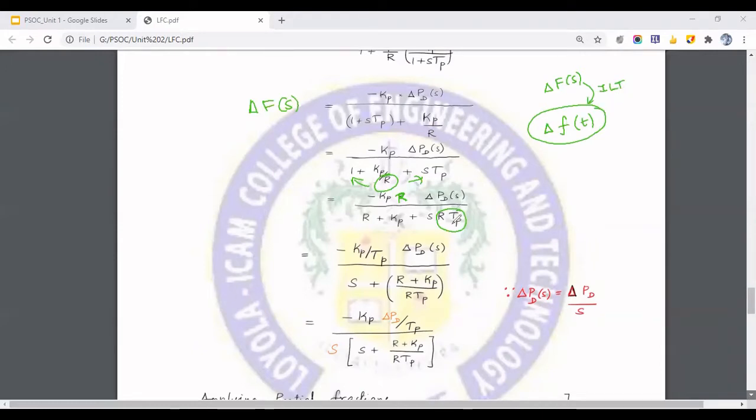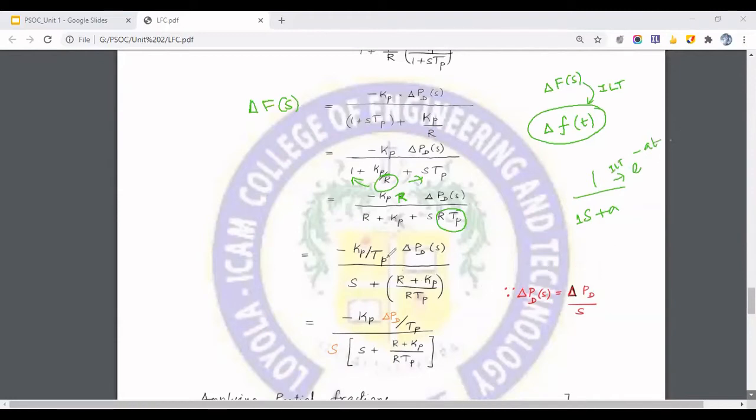In order to take the inverse Laplace transform, we usually have something in the denominator of the form s plus a, with only one as the coefficient of s, so that taking the inverse Laplace transform is easier. After the inverse Laplace transform, it's going to be e power minus at.